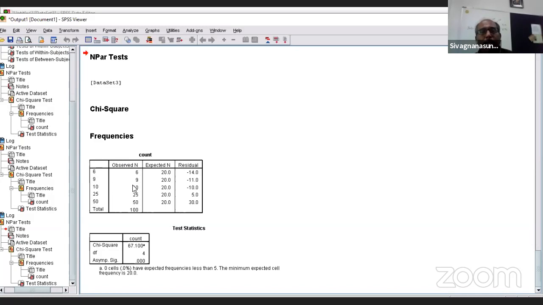The observed frequencies are 6, 9. If you look at the question, how many students are getting A grade? 6 students have got A grade, 25 students have got B grade, 50 students have got C grade, 10 got D, and 9 got F. Had it been equal, the number of students who got A would be 20, B would be 20, C would be 20, D would be 20, F would be 20.